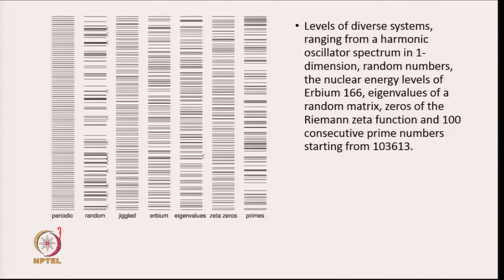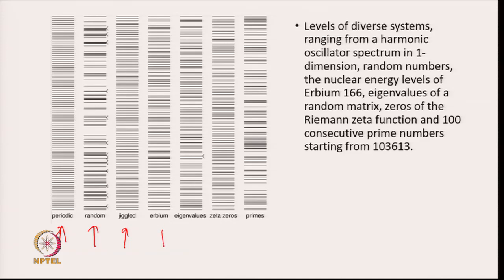If one just had purely random levels, then this is what a typical realization looks like. If I take the periodic spacing, the harmonic oscillator, and then just jiggle it a little, add a little noise, it begins to look like a barcode.